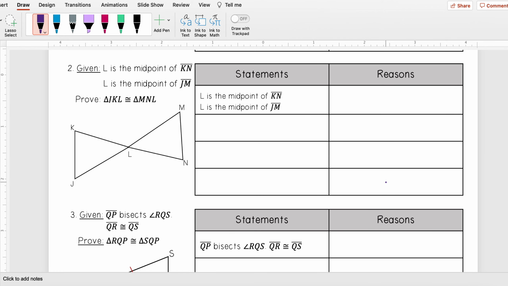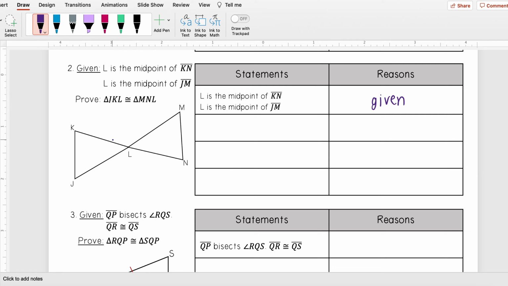Okay, let's try another one. Here I'm given that L is the midpoint of KN and L is also the midpoint of JM. And I want to prove that triangle JKL is congruent to triangle MNL. So I see that L is the midpoint of basically both of these segments, and so if you recall, midpoint means it's going exactly in the middle, and so it's cutting it in half.